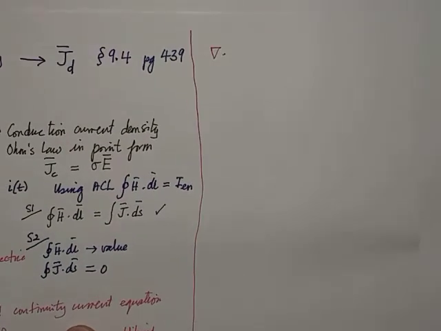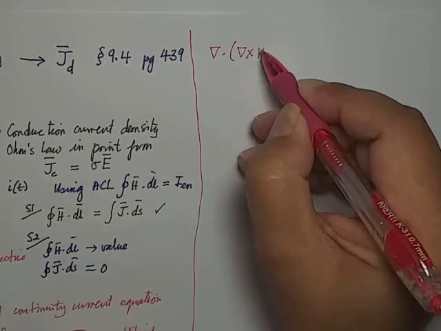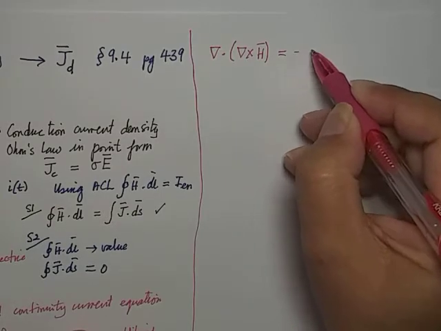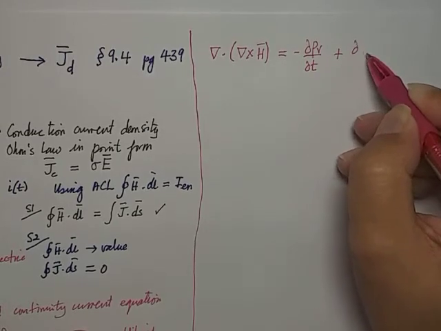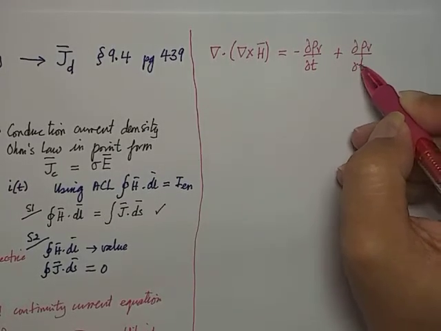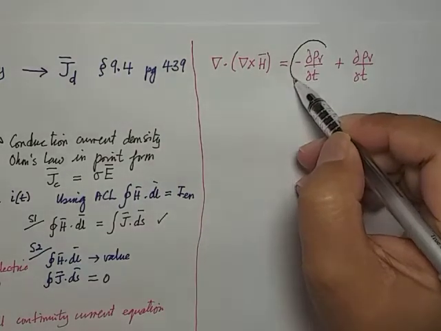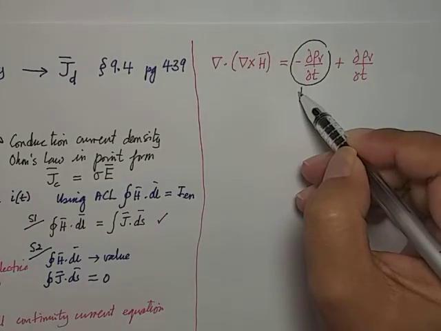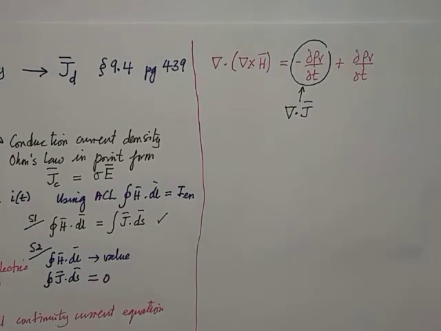So this should be curl of H should be equal to negative d rho v over dt plus d rho v over dt. Based on our previous model, this particular term we can substitute with divergence of J. Agreed? That is what we know as the continuity current equation model.